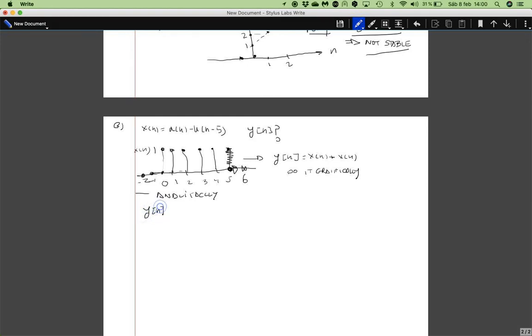Very easy. y of n is, as I said before, convolving x of n with x of n. So x of n is u of n minus u of n minus 5 convolved with itself.